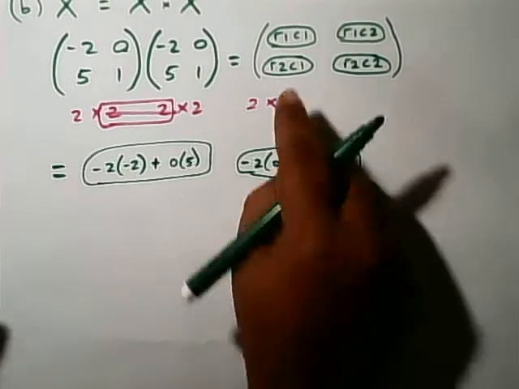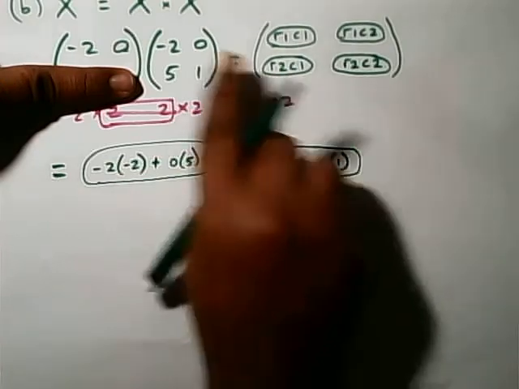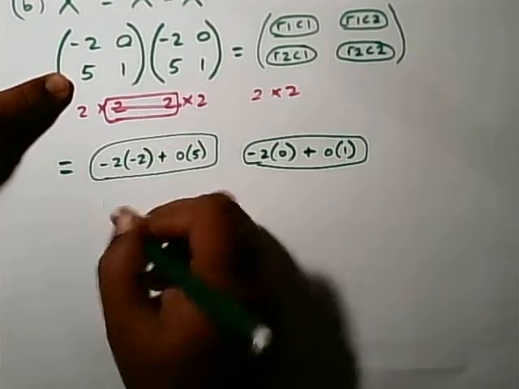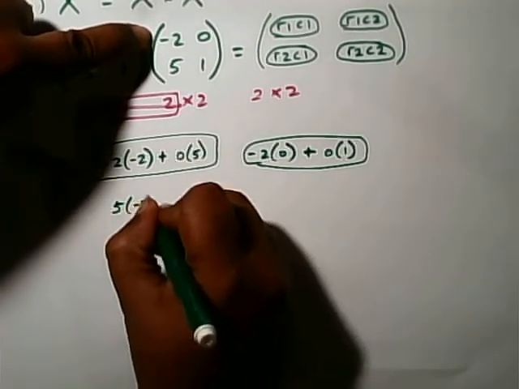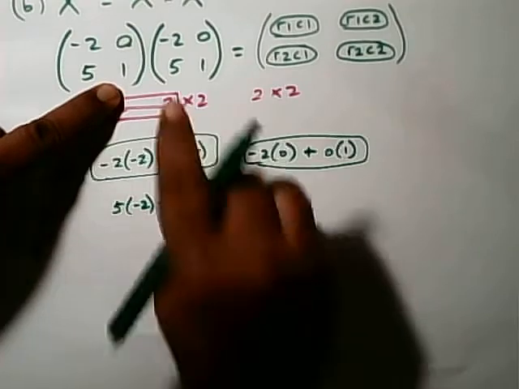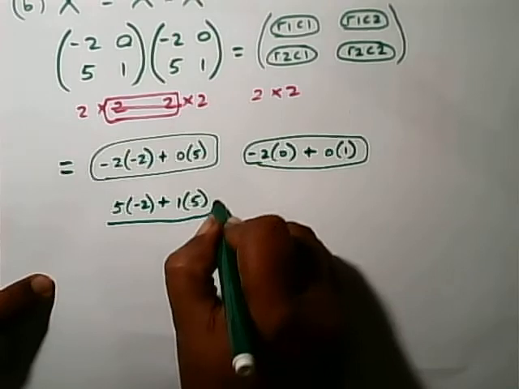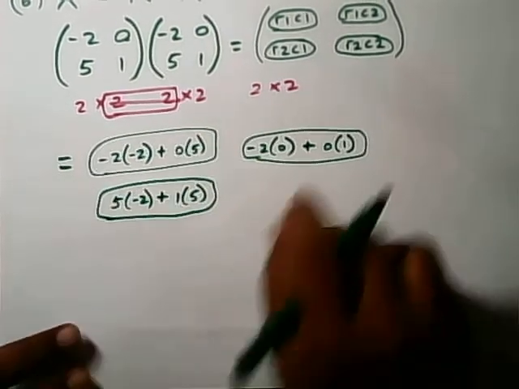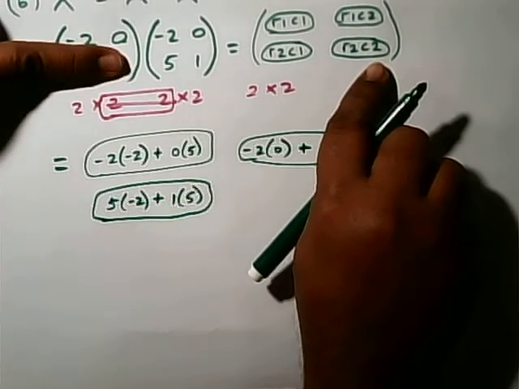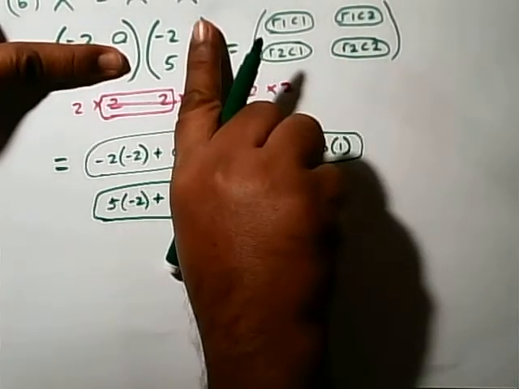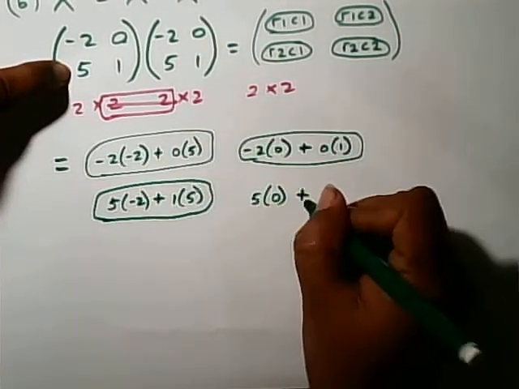My next is row 2 being multiplied to column 1. Row 2 would be 5 multiplied to minus 2 added to 1 times the 5. Next, row 2 multiplied to column 2. 5 by 0 added to 1 by 1.